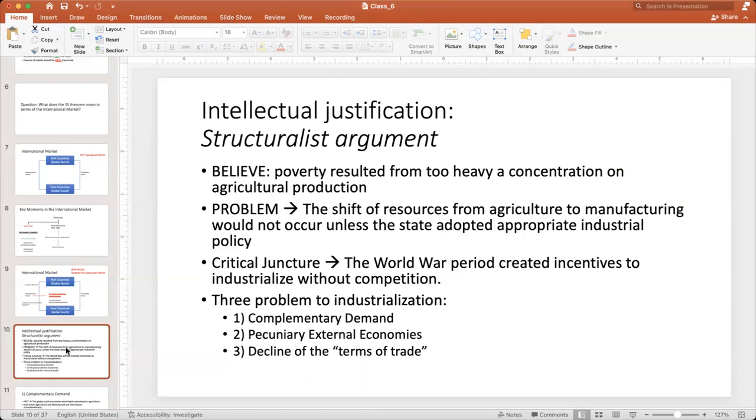So, according to the structuralists, countries are poor because they are only producing agricultural goods. And the main idea behind this belief is that the human capital required to produce bananas, avocados, and so on and so forth is very low.